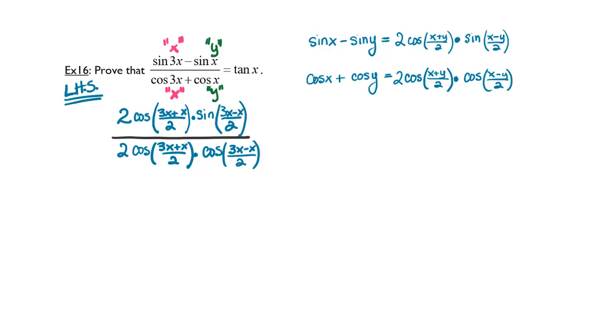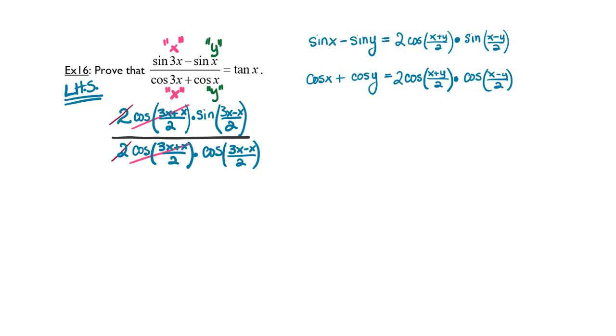And now I can look at the numerator and denominator and decide what I can divide out. The 2 in the numerator and denominator as the leading factor I can divide out. And I can also see that cosine of 3x plus x over 2 in the numerator and cosine of 3x plus x over 2 in the denominator will divide out.